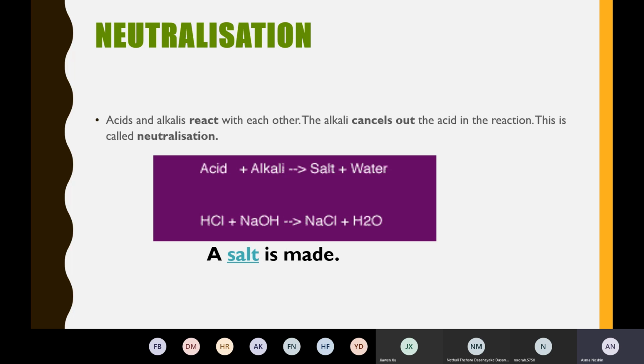One acid is used, one alkaline solution is used, and salt and water are formed. So remember, whenever more acidic solution is there, to cut it down we add alkaline solution to cancel it out, and we will get a neutralized solution. Whenever neutralization is taking place, salt and water will be formed.